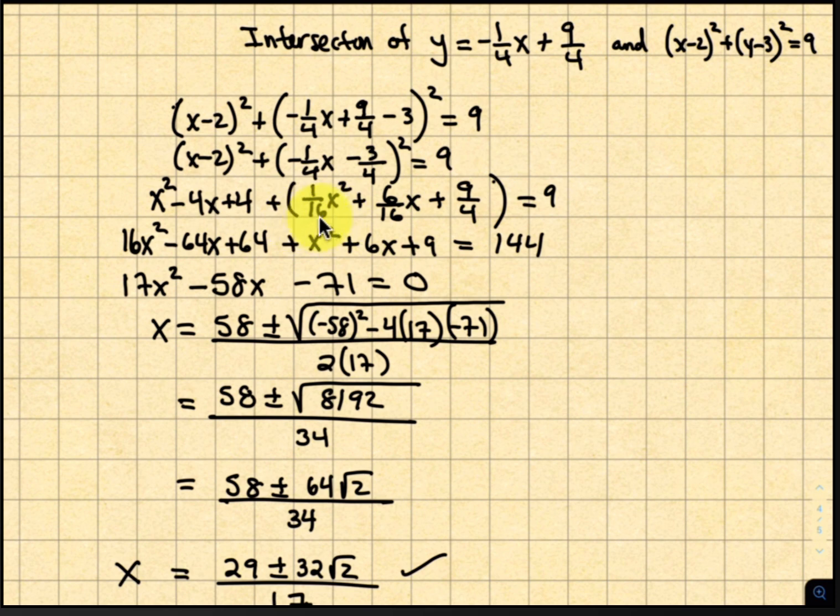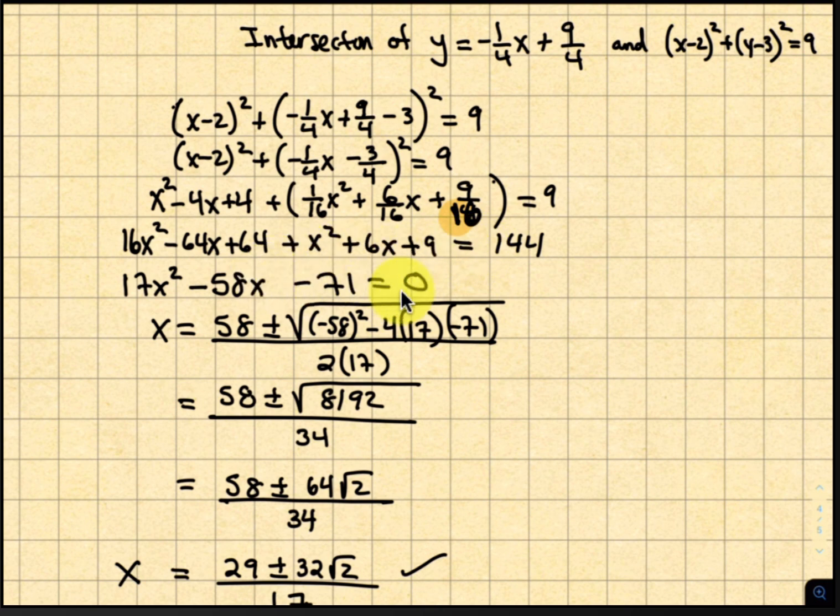Then there's a whole bunch of other work that needs to take place. For instance, here we're going to end up multiplying this line by 16 because we've got some fractions with 16 in them. All right, we multiplied this whole line by 16 to get this line.